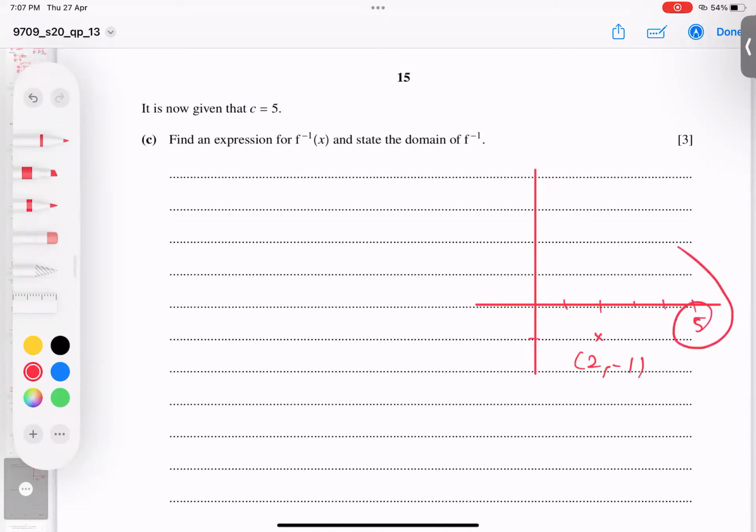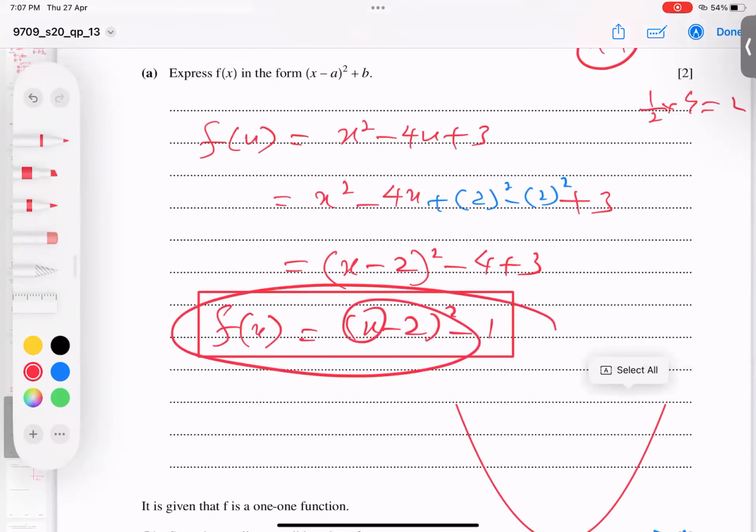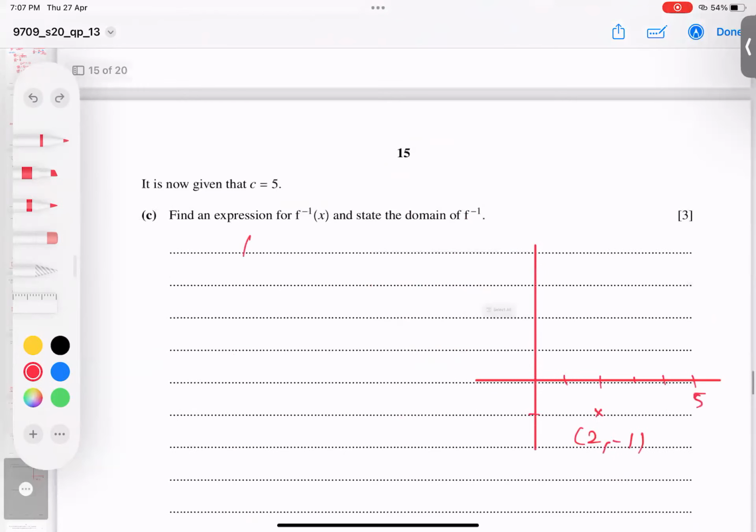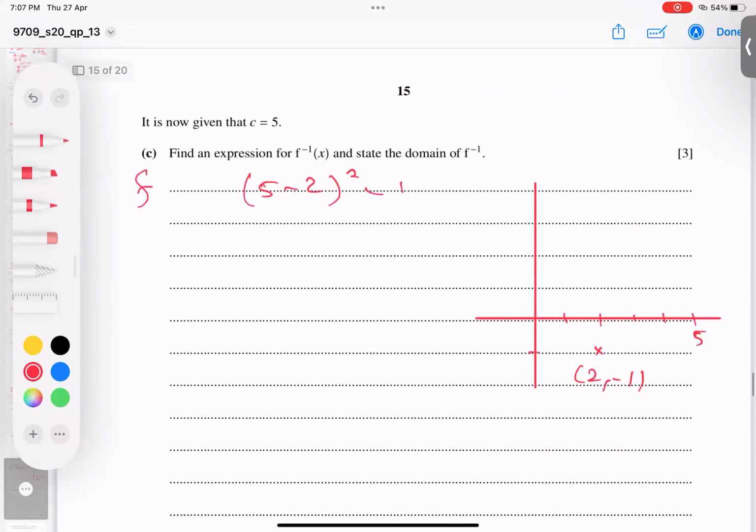So 5. When I plug in 5 in the question, in the place of x, I get 5 minus 2, whole square, minus 1. At 5, what is the value? I got 3 squared, 9, minus 1, which is 8. So it means the graph is starting from 8. Let's say 2, 4, 6, 8. So the graph is starting from here and going this way.